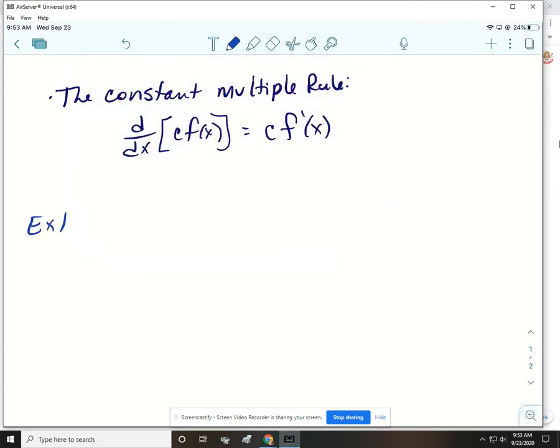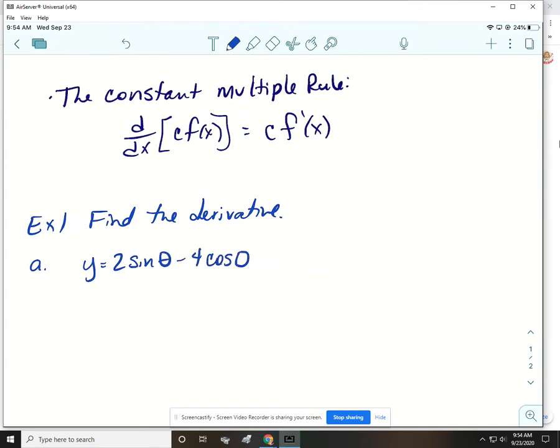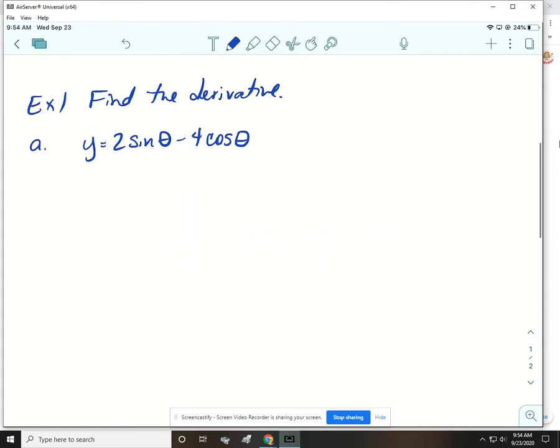So for example 1, we're just going to find the derivative. All right, so A is y equals 2 sine of theta minus 4 cosine of theta. Right. So to represent the derivative of y, I'm going to call it dy dx. We could do y prime, either one. All right.